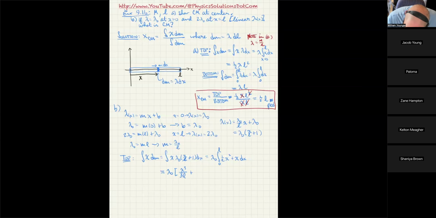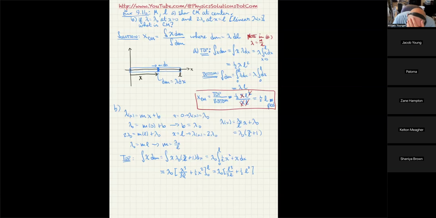And then, of course, the integral of x would be 1 half x squared. And now I'm going to evaluate that at 0 and L. And that's going to give me lambda 0 times L cubed over 3L plus 1 half L squared, and then the minus 0 part is just going to be 0.